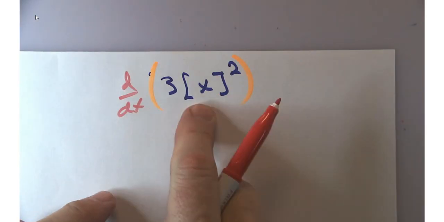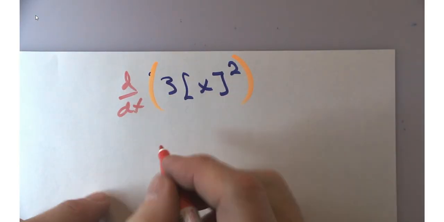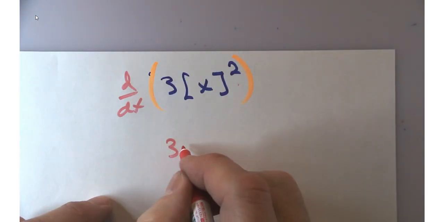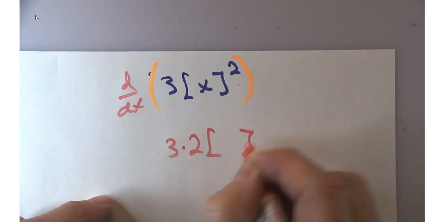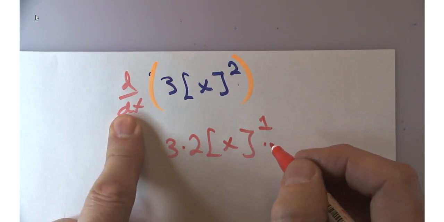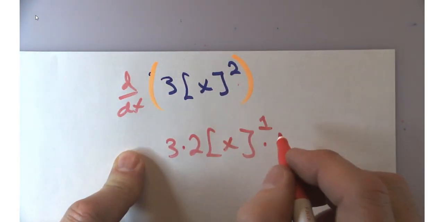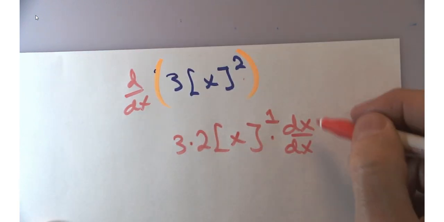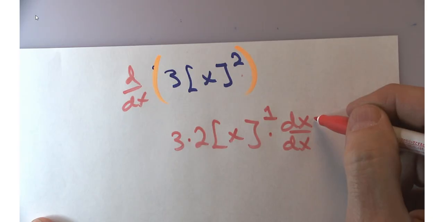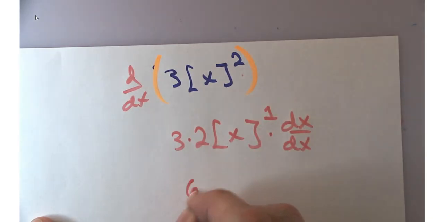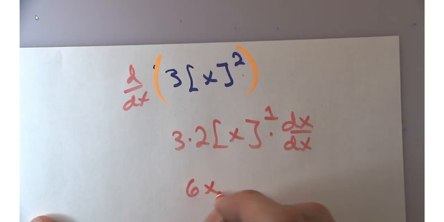The 3 you're going to ignore, and then the derivative of the outside is going to be the 2, and then this to the first power, times the derivative of the inside. But the derivative of the inside is going to be dx by dx, right? Notice that these things are the same. What is dx over dx going to give me? 1. So you just get 6x times 1, or better yet, 6x.